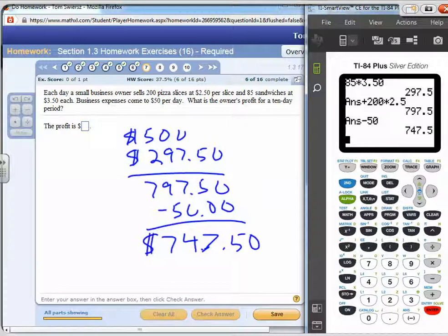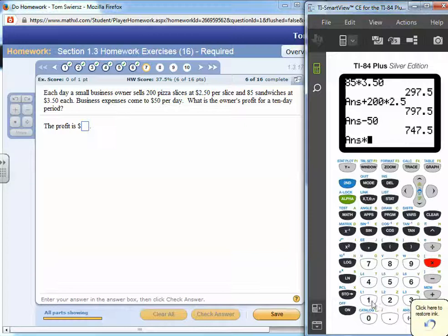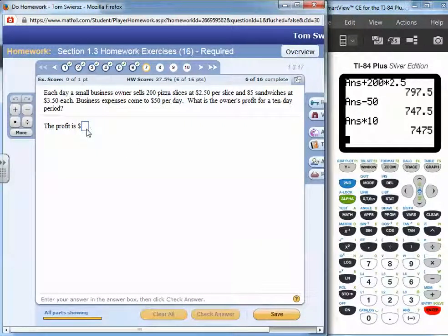And now we have to go for 10 days. That's for each day, so for 10 days, we're going to multiply by 10. And we get a total profit for 10 days of $7,475.